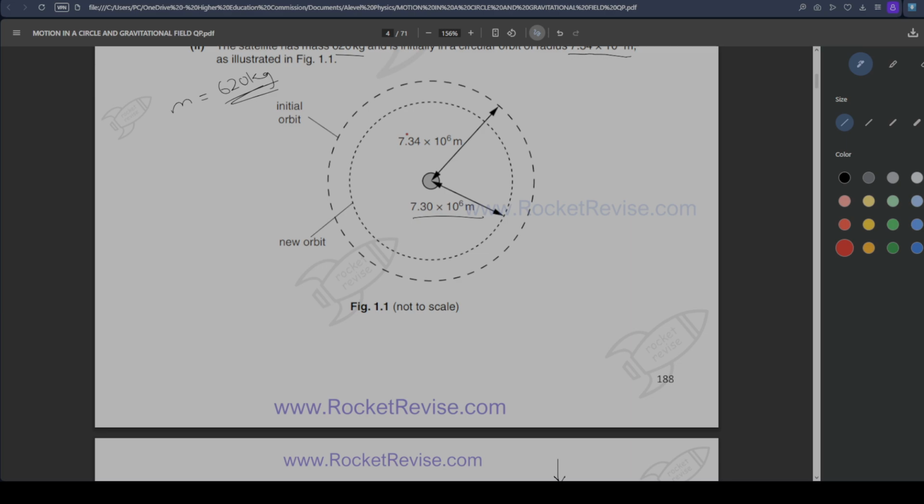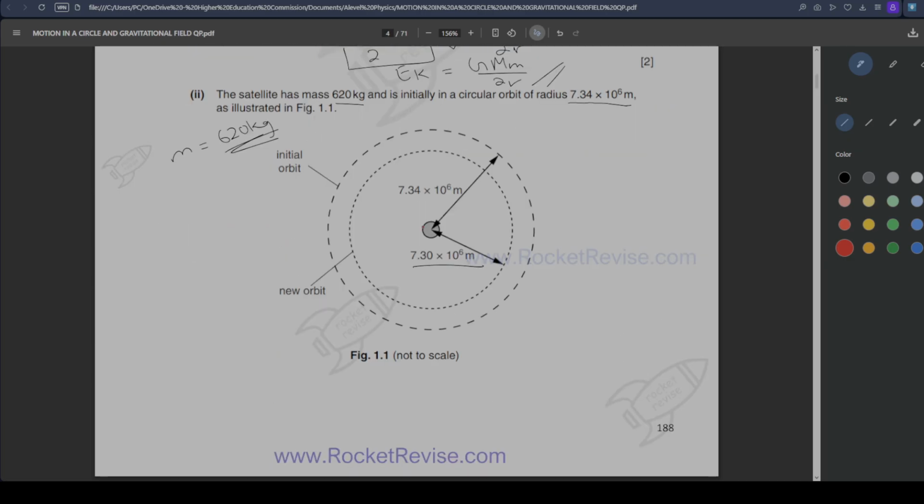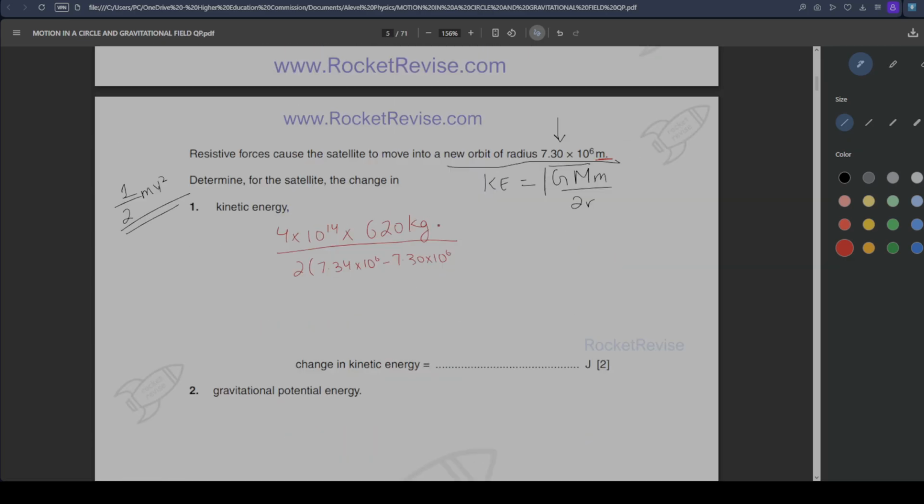So what we are going to do is 7.34 into 10 power 6 minus 7.30 into 10 power 6. It's already in meters, so we won't really need to convert it from kilometers, because in this case we have it directly in meters.